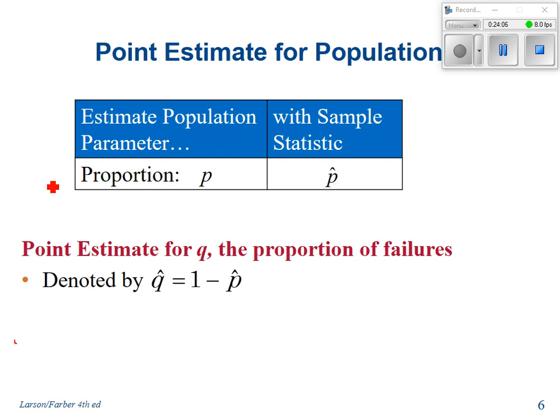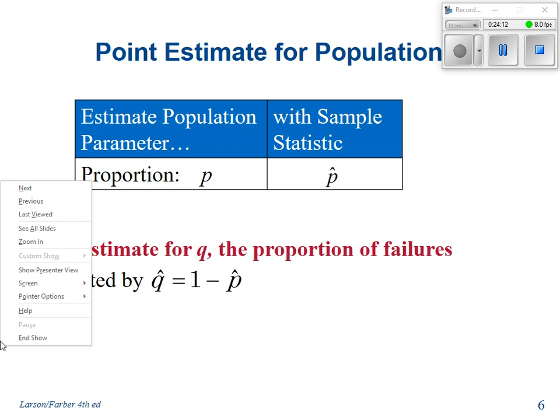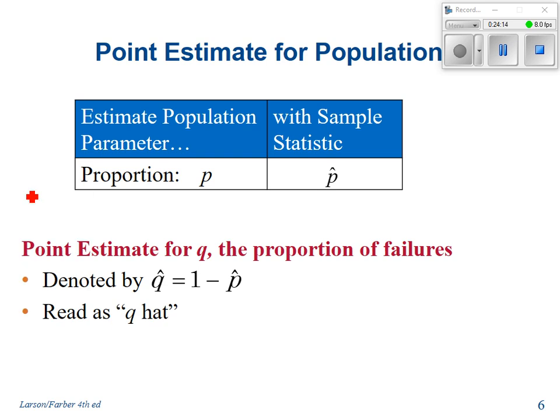Same idea as before: when we had P, Q was 1 minus P. Well, Q hat is 1 minus P hat. So just remember, you subtract P hat from 1 to get Q hat. If P hat stands for the successes, what's Q hat stand for? Failures.